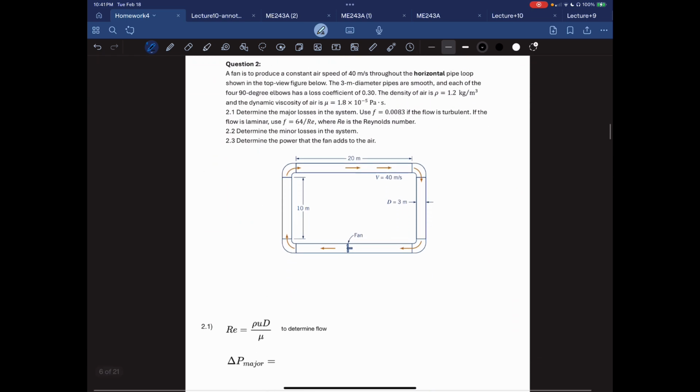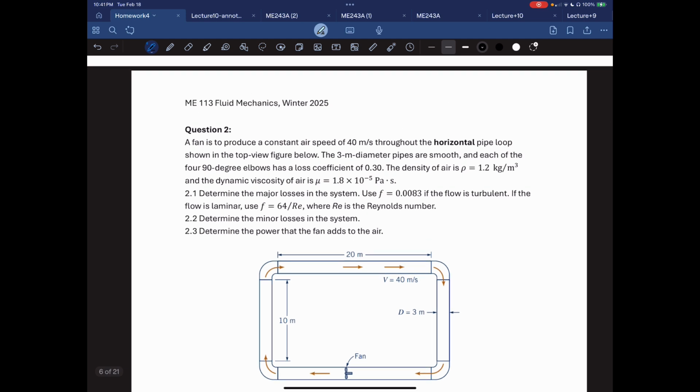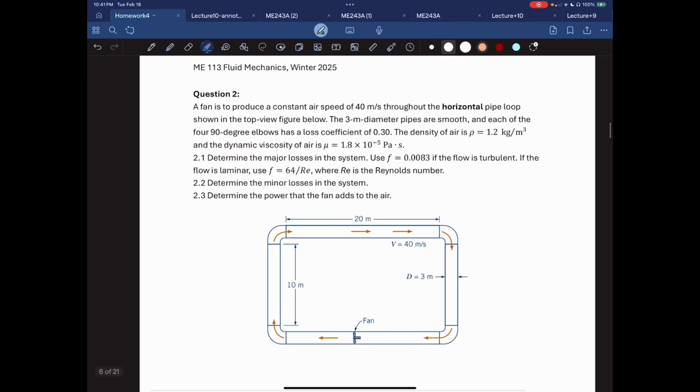Okay, and then for question 2, there were a lot of questions on some parts. So we have a fan and four elbows, and it gives you the loss coefficient, rho and mu, f, the type of flow, and this situation.